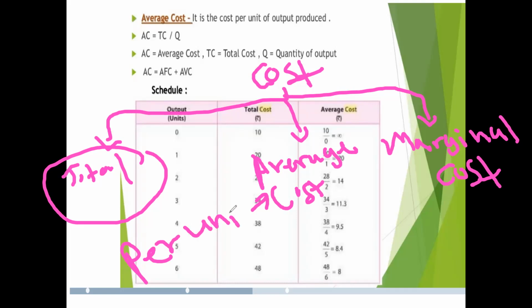The average cost means per unit cost, the cost to produce one unit.